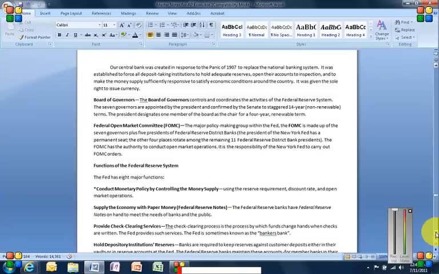The Board of Governors controls and coordinates the activities of the Fed. The 7 governors that serve on this group are appointed by the President and confirmed by the Senate to non-renewable, staggered 14-year terms. The President designates one of these board members as the chair for a 4-year renewable term.